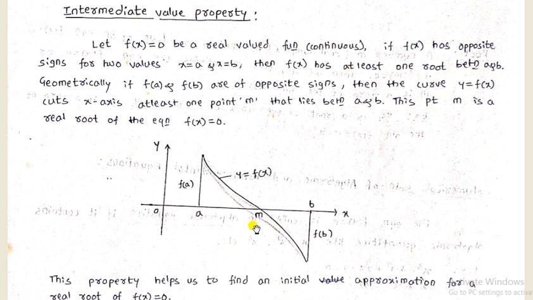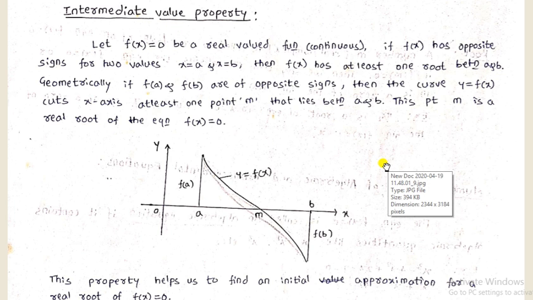Therefore m is called a real root of y is equal to f of x. So in any problem, we require one positive value and one negative value, then only we will get the root of the equation. So this property is called the intermediate value property.